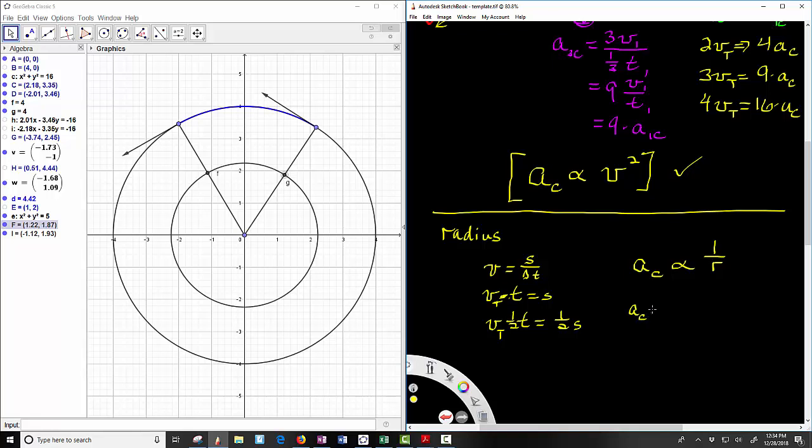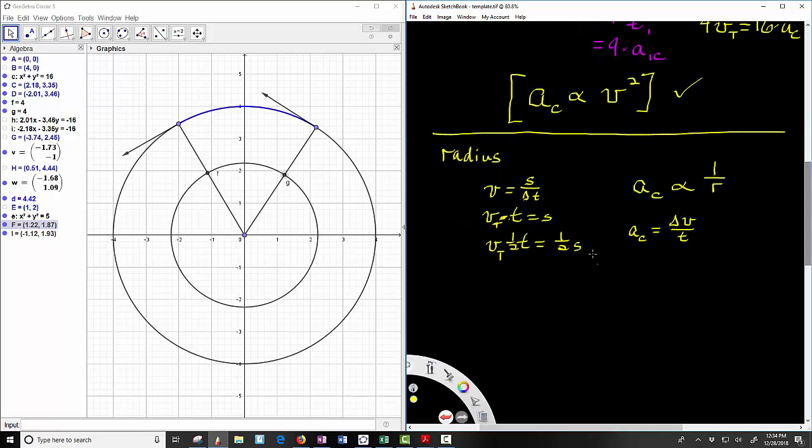If we say the acceleration is going to be the change in velocity over time. So now we increase the radius. So we go to twice the radius. Twice the radius would be twice the time. So I get delta V over 2t, which is 1/2 of V over t, which is our original acceleration.